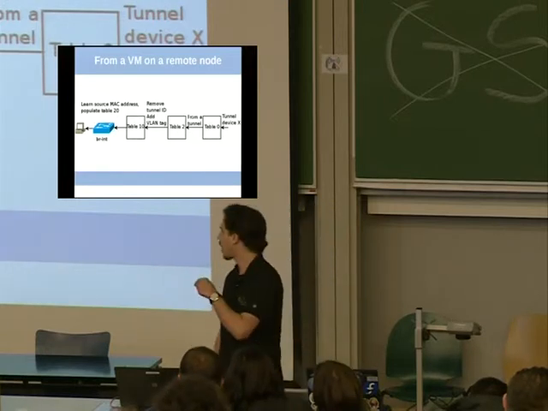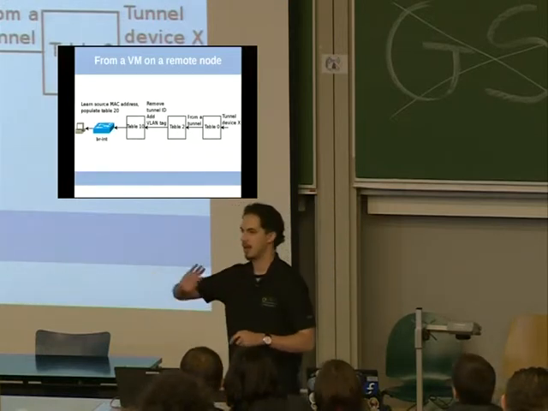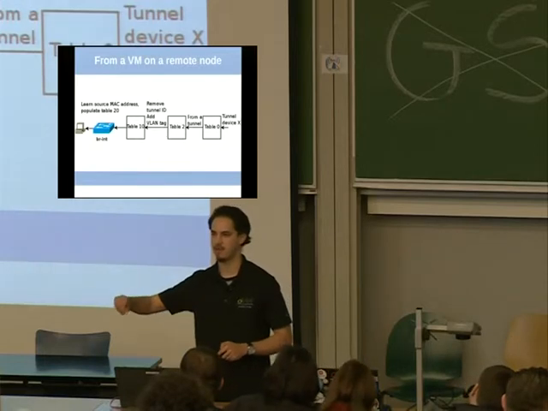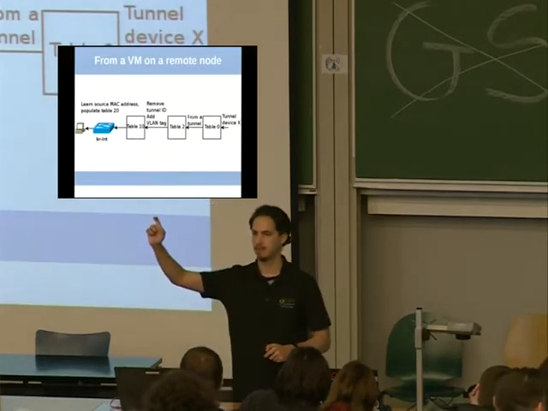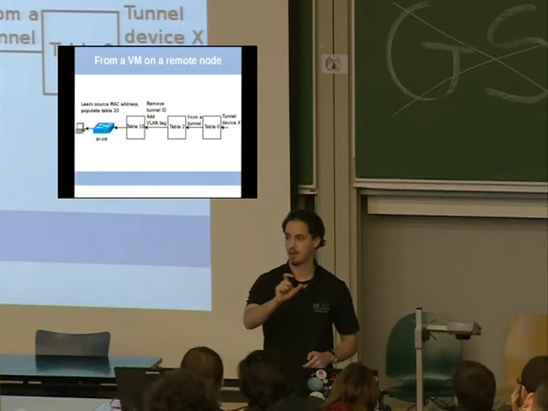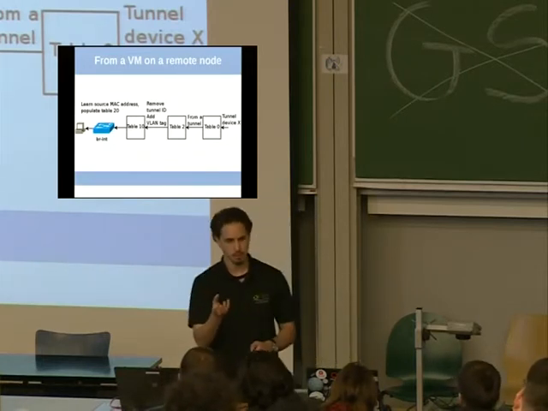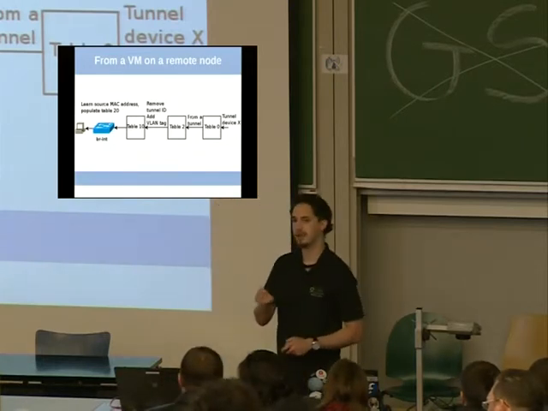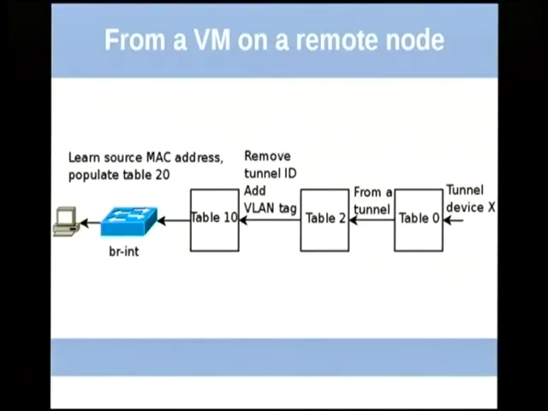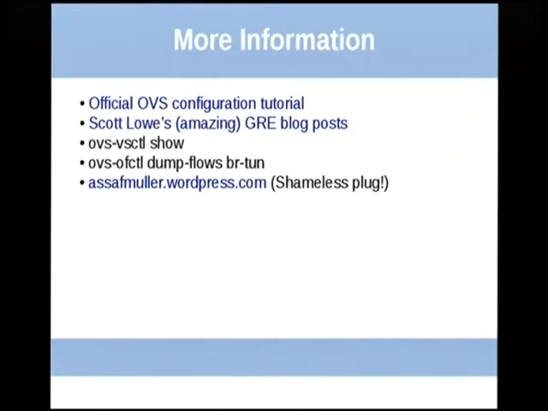Again, we drop the tunnel headers, all of the GRE or the VXLAN stuff, and we convert the tunnel ID to the VLAN ID, because as we said, the local BR_int, the virtual switch, is still using VLANs to mark specific networks. So that's the deal there.